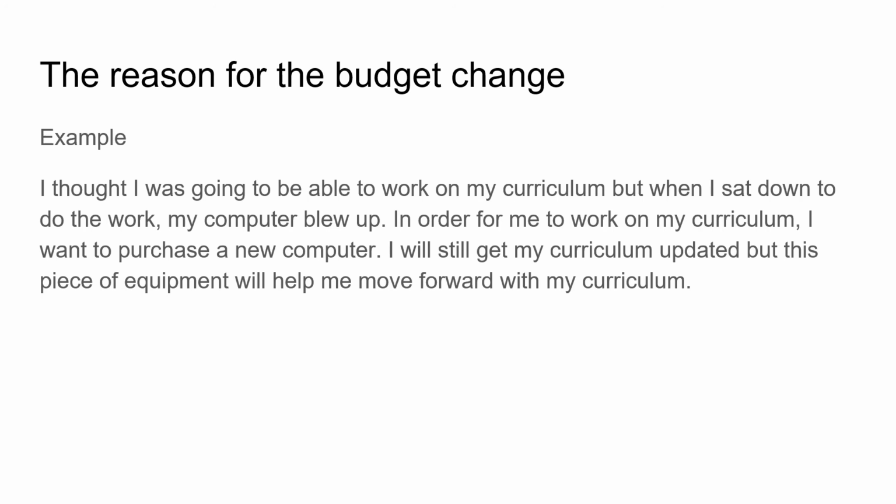In order for me to work on my curriculum, I want to purchase a new computer. I'll still get my curriculum updated, but this piece of equipment will help me move forward with my curriculum. So it looks like this faculty person wants to accomplish the same objectives, but they just need to move their money so that they can accomplish those same objectives.